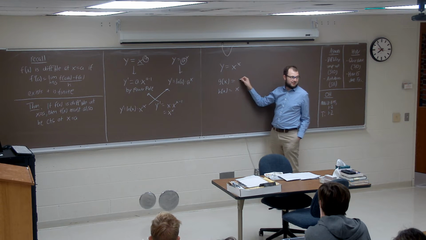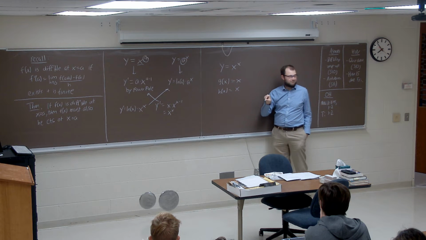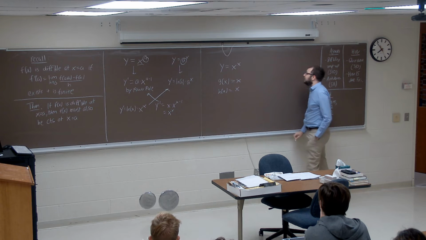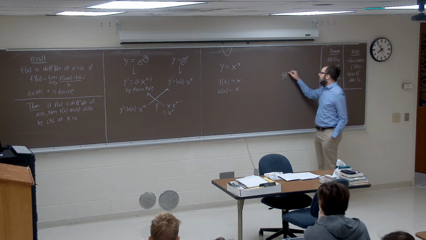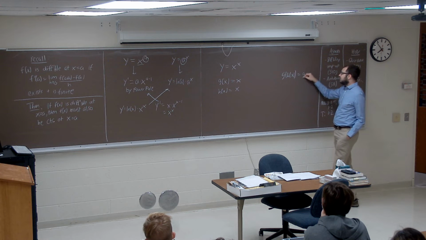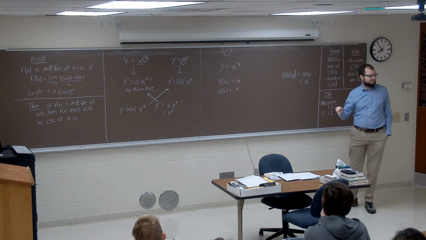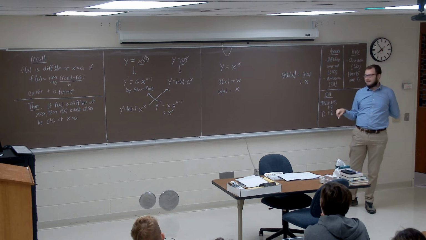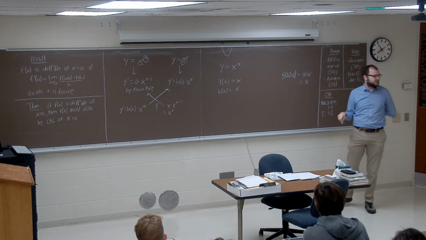X, or the exponent x. Yeah, sure. Cool. So if I take g of h of x, well, h of x is just x. So that's just g of x, which I don't think then g of h of x is our original function.